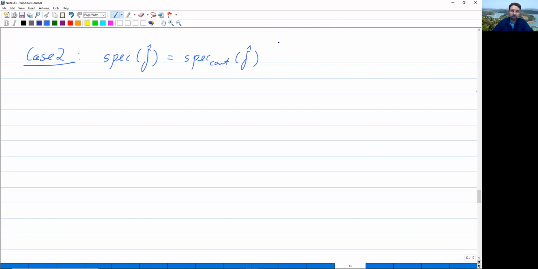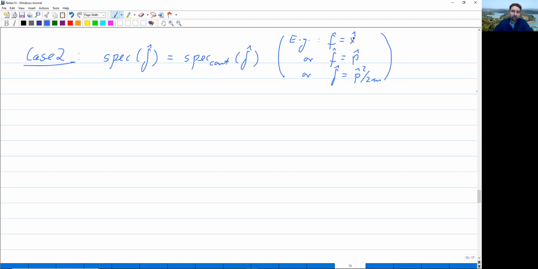And examples will be, and we get to that later in more detail, when you choose f hat is equal to x hat, the position operator, or you choose f hat to be the momentum operator, or you choose f hat to be the momentum operator squared divided by 2m. In each of these cases, we have that there's no point spectrum, there's only a continuous spectrum.